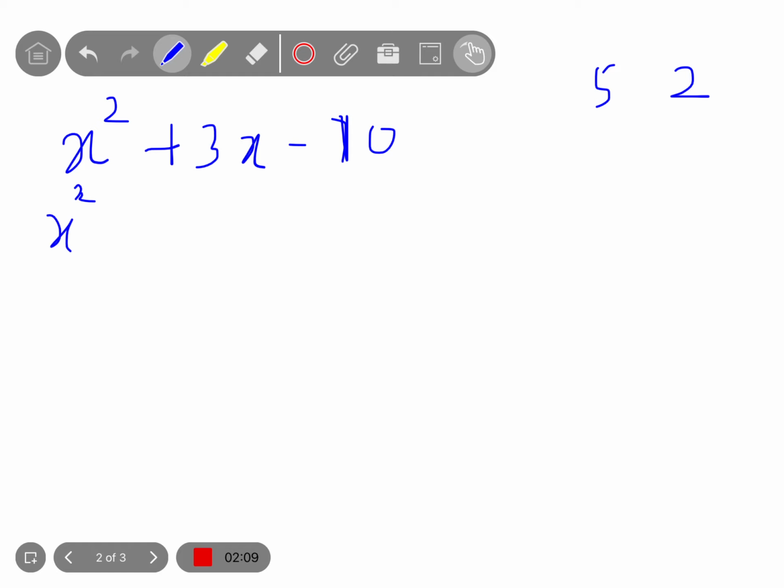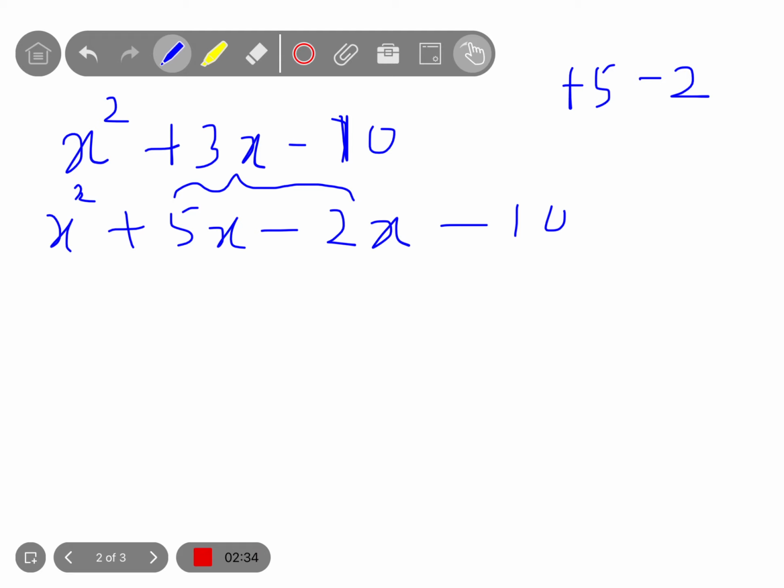If you multiply 5 and 2, it becomes 10, but you have to do plus 5 minus 2 to get 3. Then 5x minus 2x is what this will result into. So I'm writing the same thing, 3x, as 5x minus 2x minus 10.